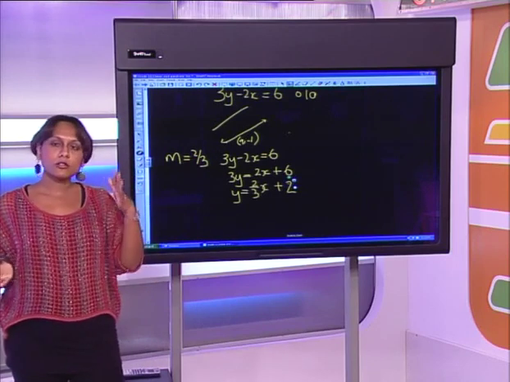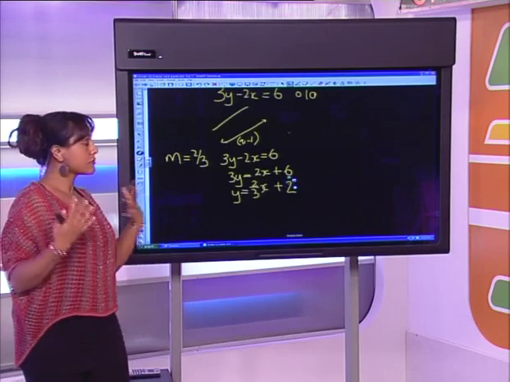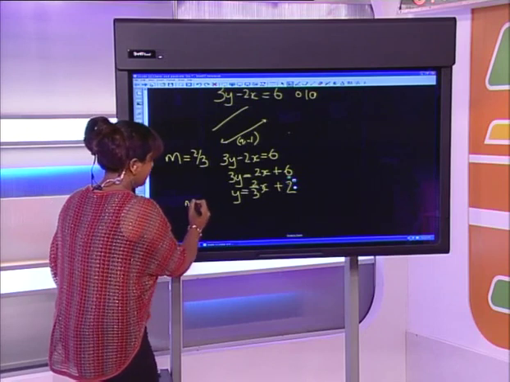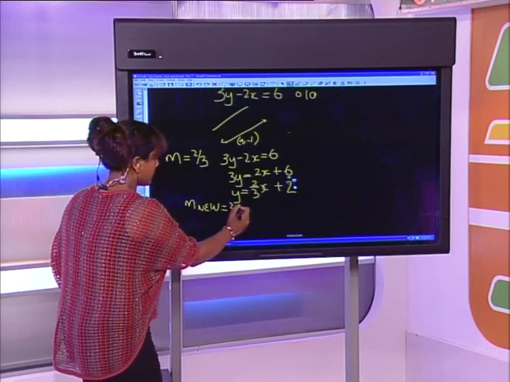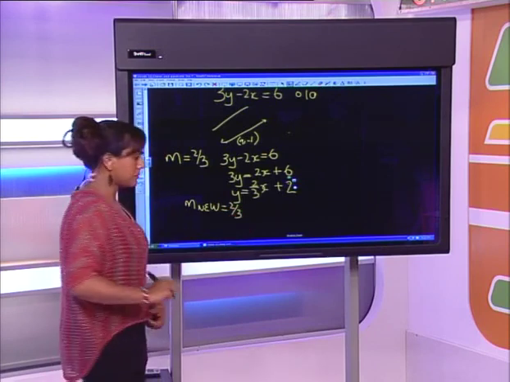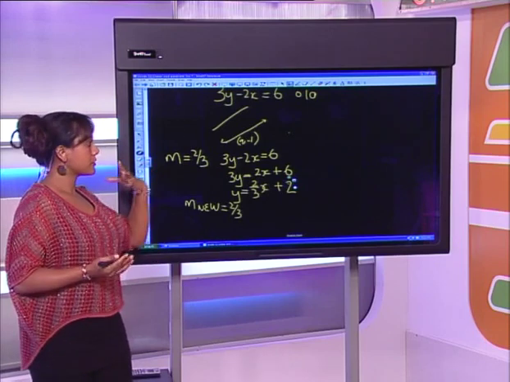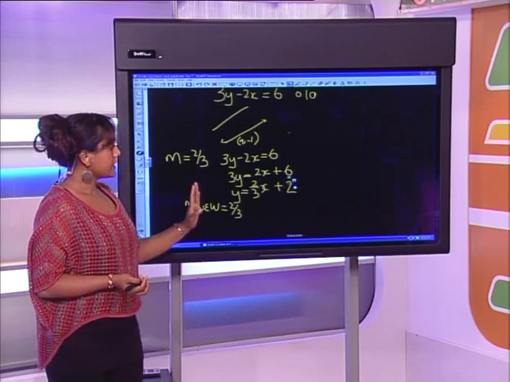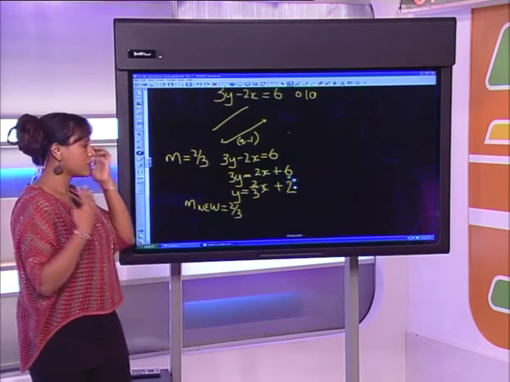The gradient of the old line is 2/3, and the gradient of the new line, because they have told us that these lines are parallel, is also going to be 2/3. Okay, so let's just recap what we did. We had to rewrite the old equation that they gave us to get the gradient that is exactly the same as the gradient of the new line.